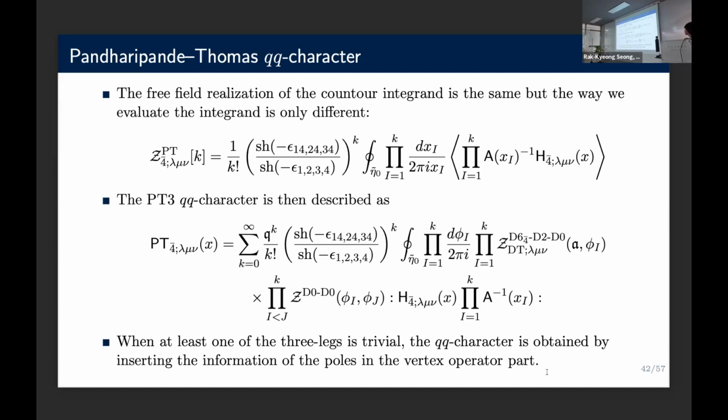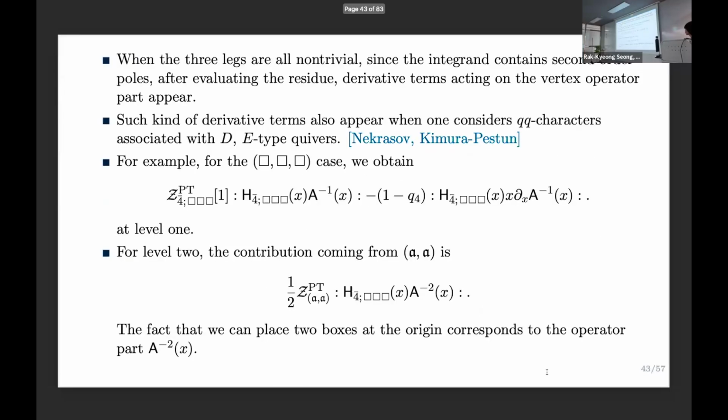But when all three legs are non-trivial, you get second order poles here, which means that the second order poles will also act on these operators. So the QQ characters will be very complicated, and actually you get some derivative terms like this. This is a new phenomenon of the QQ characters, which we usually don't think about. We usually don't think of higher order poles, but in this case you need to, and you need to get all of these extra operators.